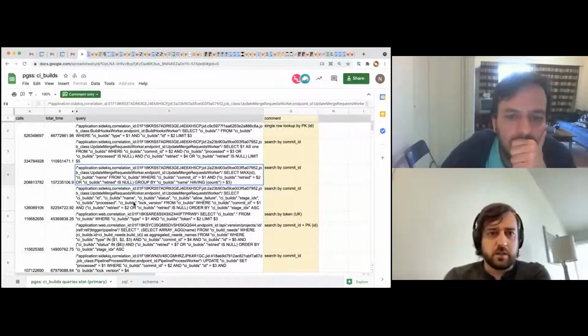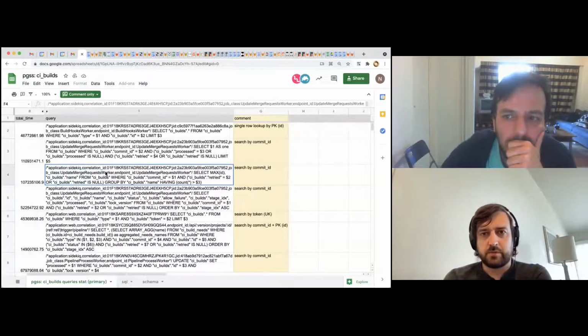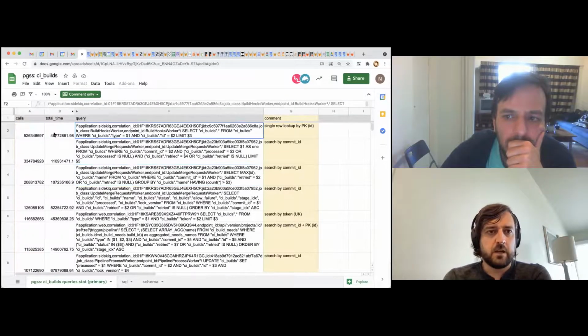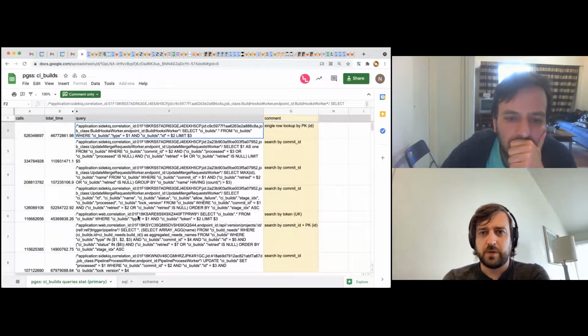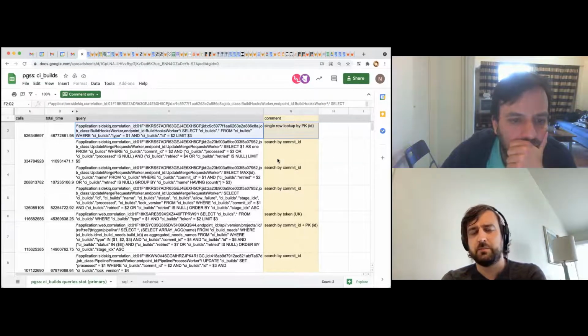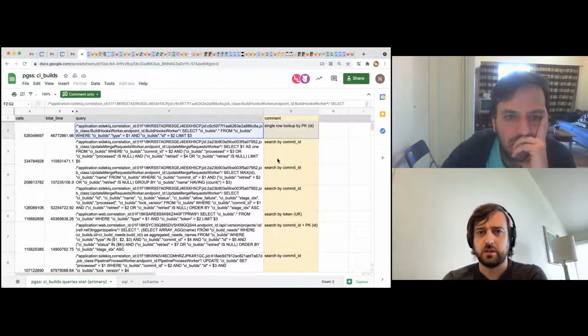So this is basically a dump of pg_stat_statements for CI builds, ordered by calls in reverse order. And we see these queries, and I was manually checking. We can automate it, of course, and understand patterns here. But basically, some queries are a single lookup by primary key. I'm sure other people already did similar analysis, but just to be on the same page.